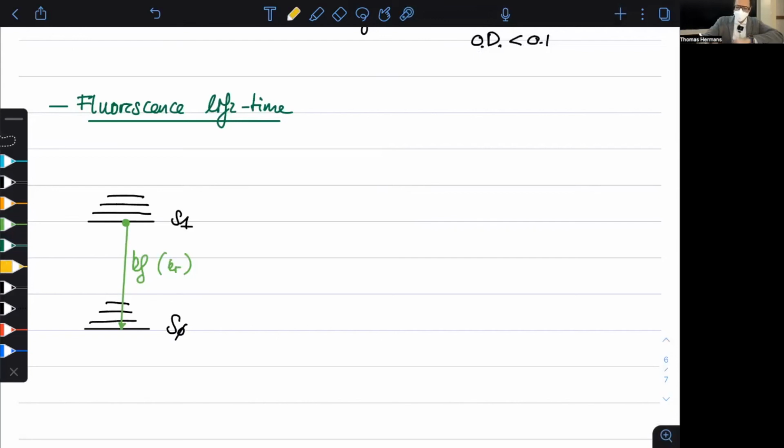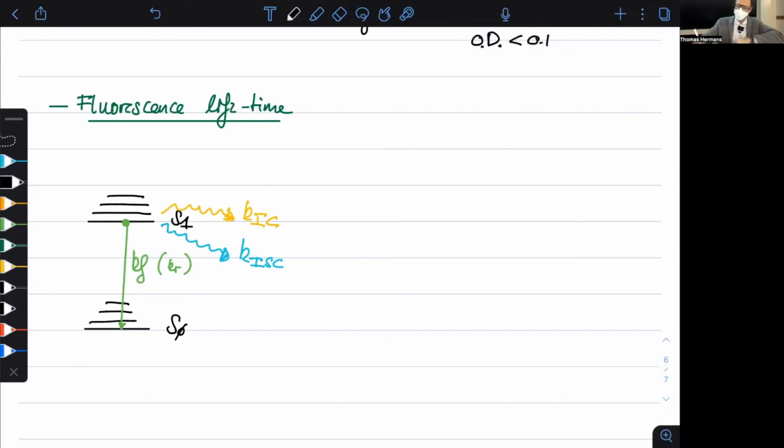And I have my internal conversion for this color, and I have intersystem crossing, which have rates, right? So depending on your system, on your molecule, you will have different processes.